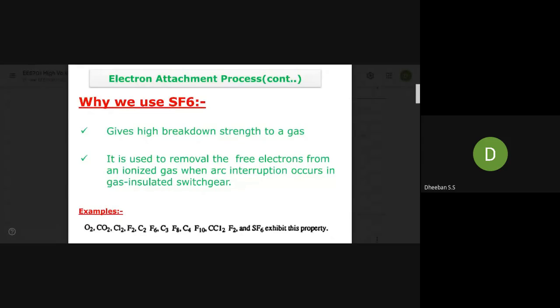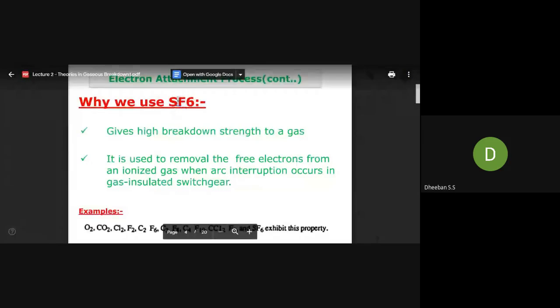They use this SF6 in circuit breakers, due to the high electronegativity property of fluorine.